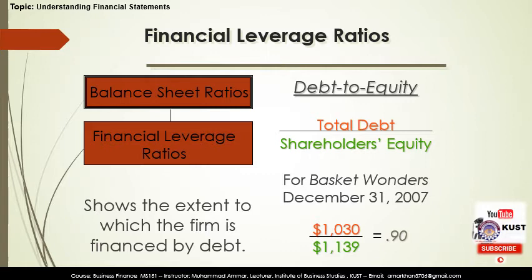Firstly, we have an example of Basket Wonder. In the previous lecture we talked about the balance sheet and income statement of Basket Wonder. As an example, we took the Basket Wonder balance sheet and income statement for the year 2007.